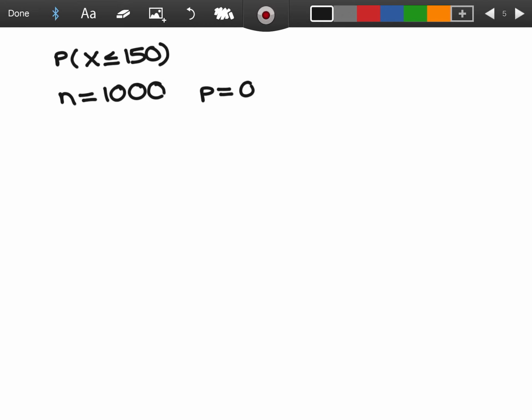And the probability of success, the probability that they were aware of the campaign, was 20%, 0.2. This is in binomial distribution. What we are going to do is approximate this binomial distribution using the normal distribution. So I want the probability that X is less than or equal to 150.